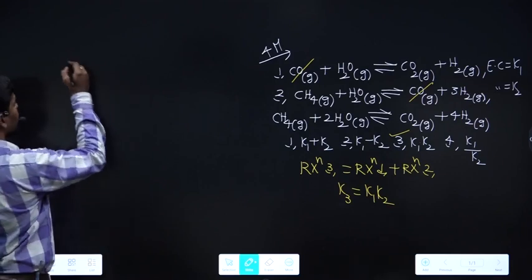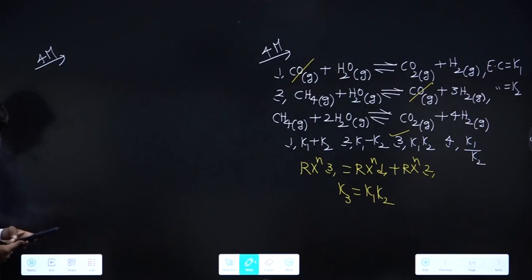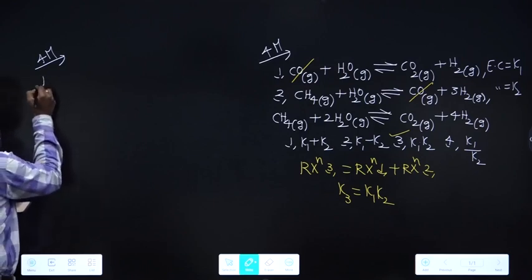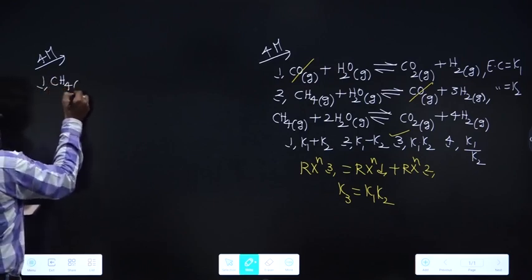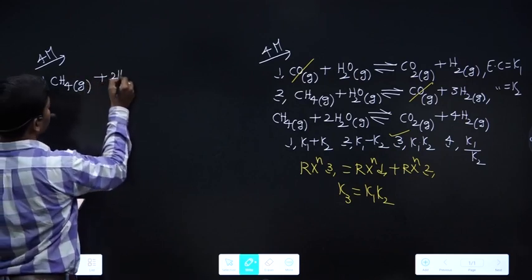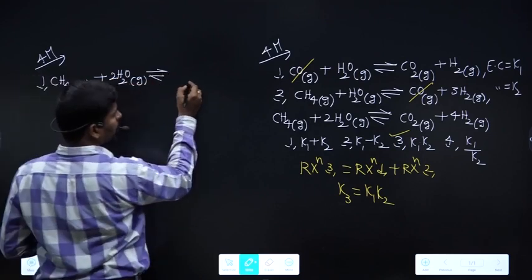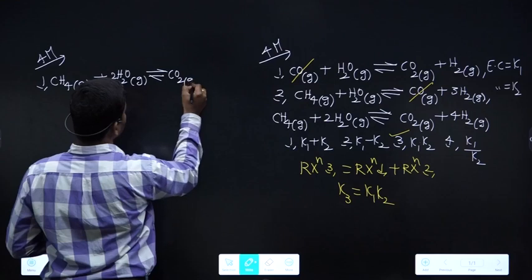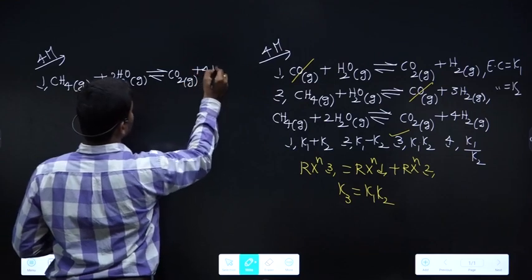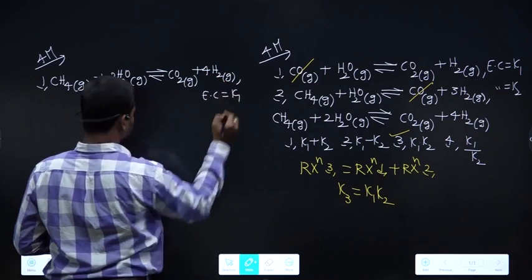The same question is given in a different way, again for 4 marks. Similar type of question. CH4 gas plus 2H2O gas gives CO2 gas plus 4 moles of H2 gas, equilibrium constant K1.